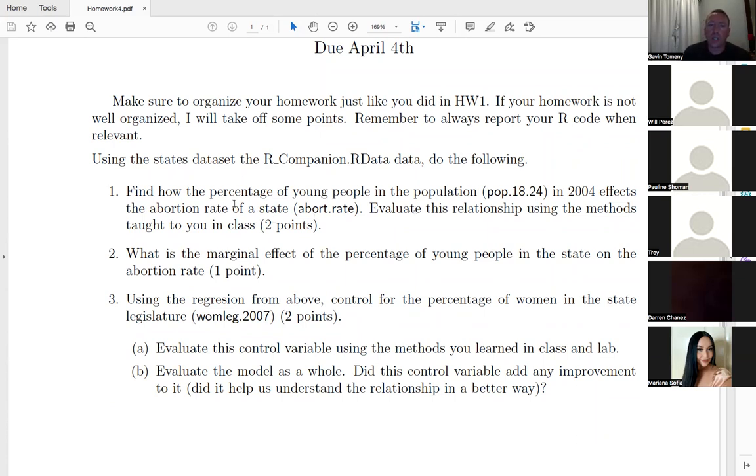Here you're seeing how the percentage of the people in the population, POP 18 to 24, affects abortion rates. So POP 1824 is your independent or X variable, and abortion rates are your dependent or Y variable. Did anyone have any questions about that? So POP is X? Correct.